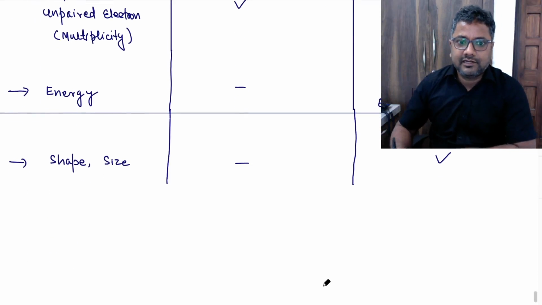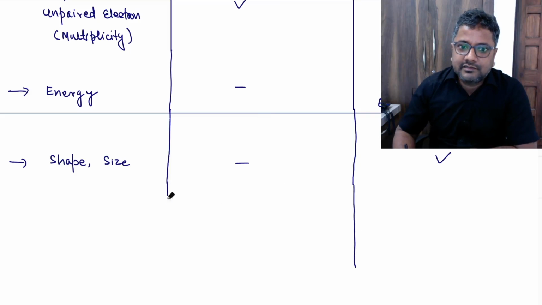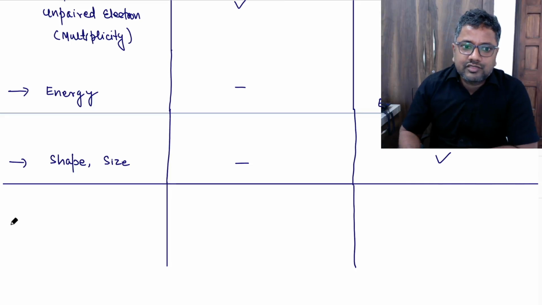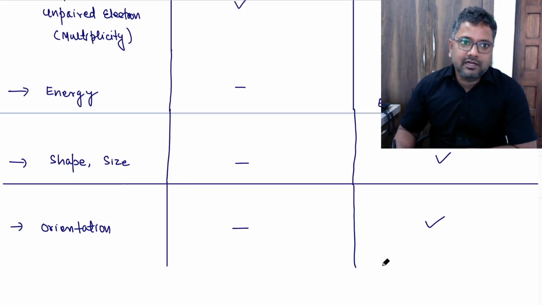That will change. And the most important property is the orientation. That is also not conserved. Means the orientation of the atomic orbital is not equal to that of the hybrid orbital.